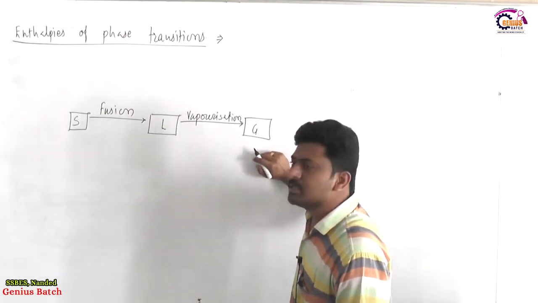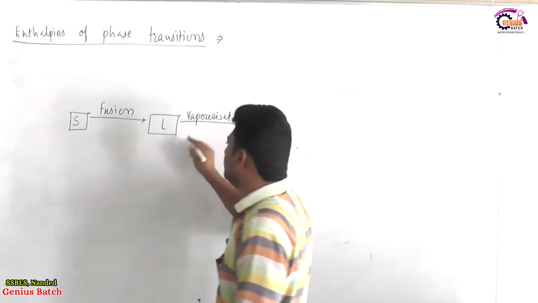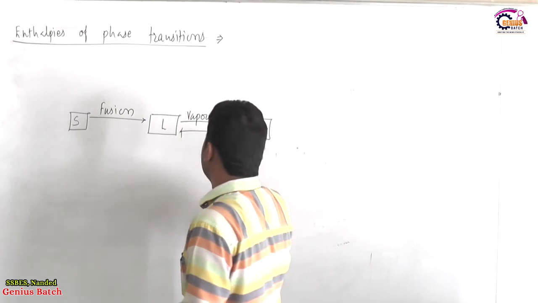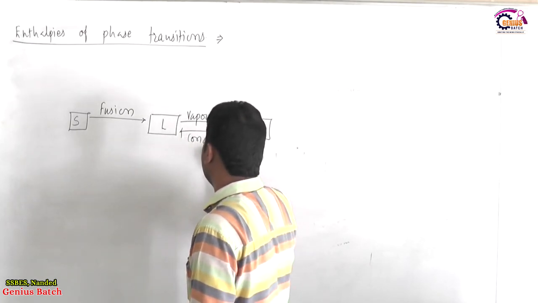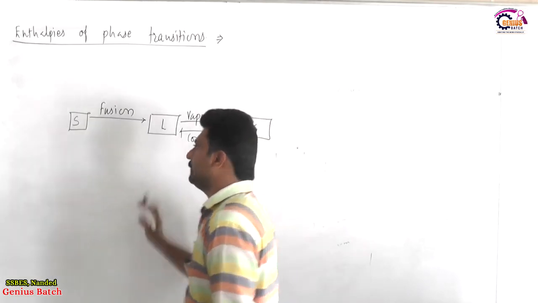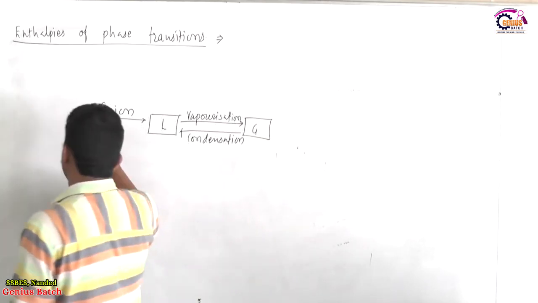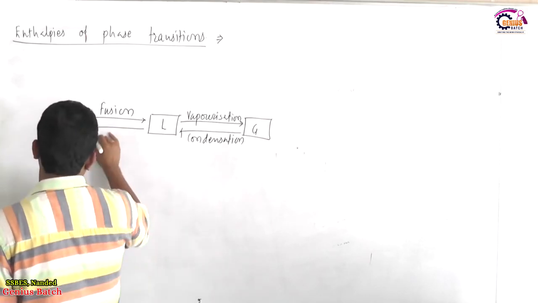And then the reverse is also possible. Gas can be converted into liquid. The process is called liquefaction or condensation. And even a liquid can be converted to solid. The process is called solidification or freezing.